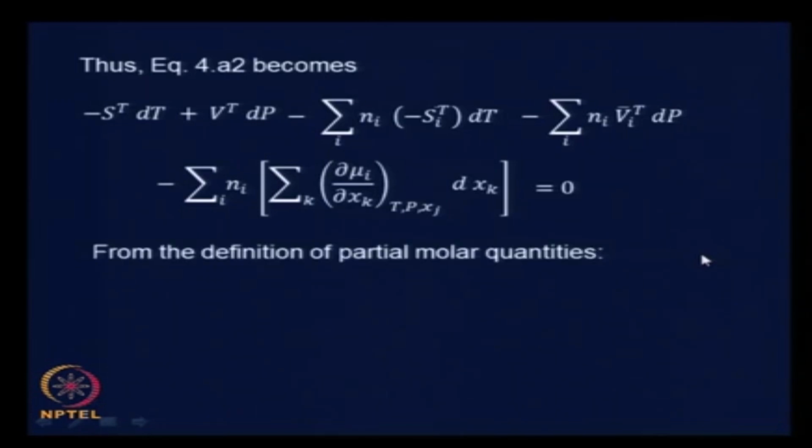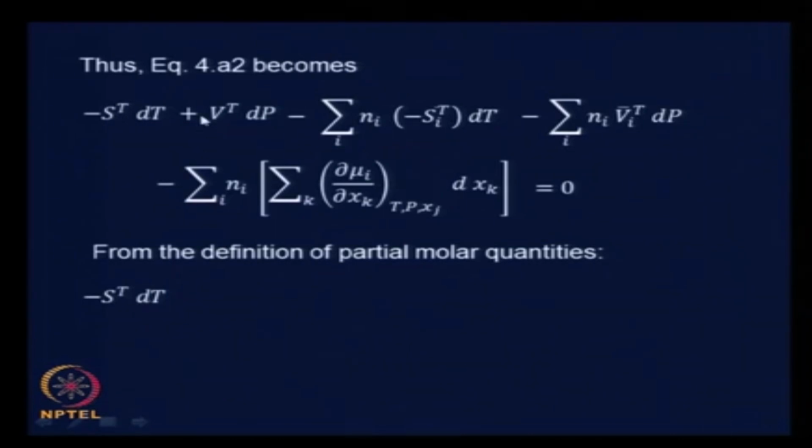From the definition of partial molar quantities, sum over Ni times minus Si bar is nothing but minus the total entropy of the system itself. This minus St dT will remain here, plus Vt dP will remain here, and there is a minus here, so this becomes plus.